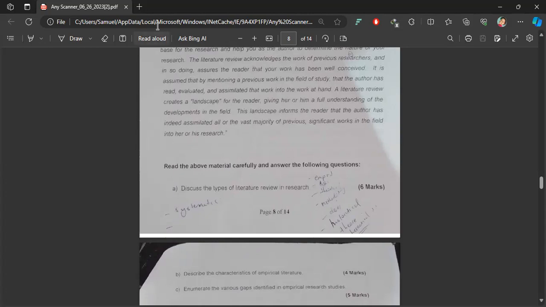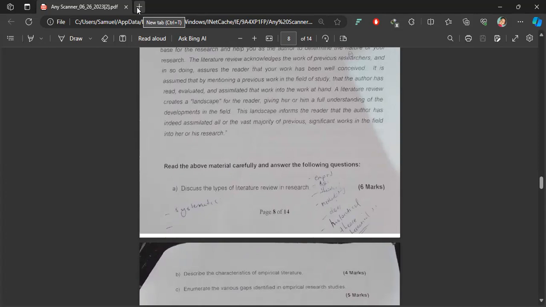So the types of literature review really are just a few. No, they're actually quite a number, but I'll try to give an example. Most of the times, whenever you see literature review, it's actually just 2.